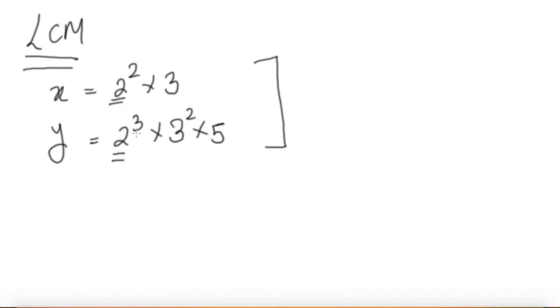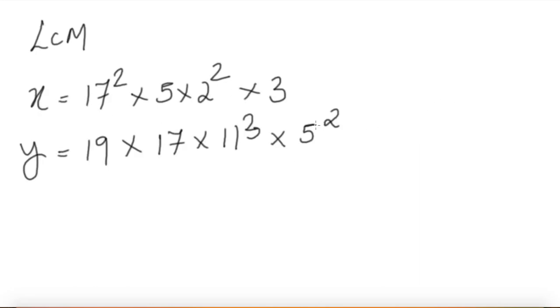So find out where the power is higher. So you take 2 cube and just ignore 2 square. Now, if there is another number 3 with a common base, ignore the one with the lower power. This is 3 raised to power 1. I ignore it. Why? Because I've got a higher power, 3 square. There is no 5 in x, but there is 5 in y, so I will take it. So this becomes the LCM.